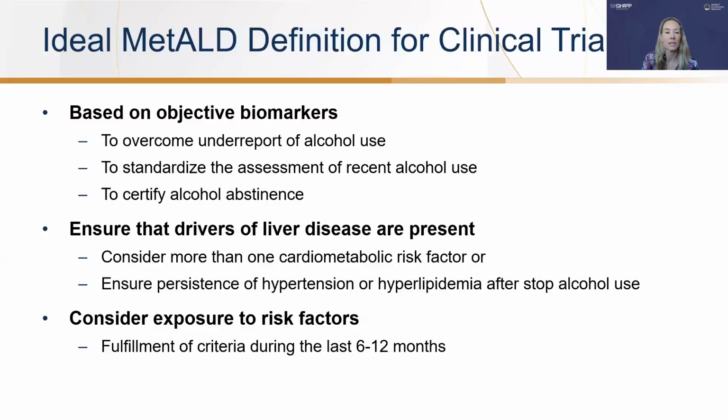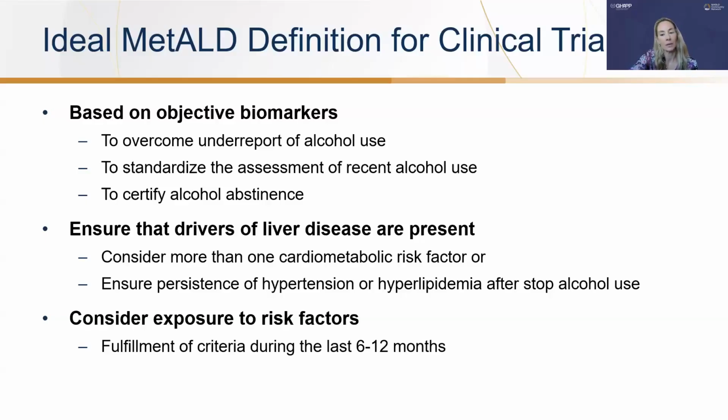If their cardiometabolic risk factors are just hypertriglyceridemia or just hypertension, you want to reassess over time if they quit drinking, if those cardiometabolic risk factors persist after they stop drinking alcohol, or potentially if they only have one cardiometabolic risk factor, careful interpretation of that, or consider using more than one cardiometabolic risk factor, especially if it's just hypertension or hypertriglyceridemia.